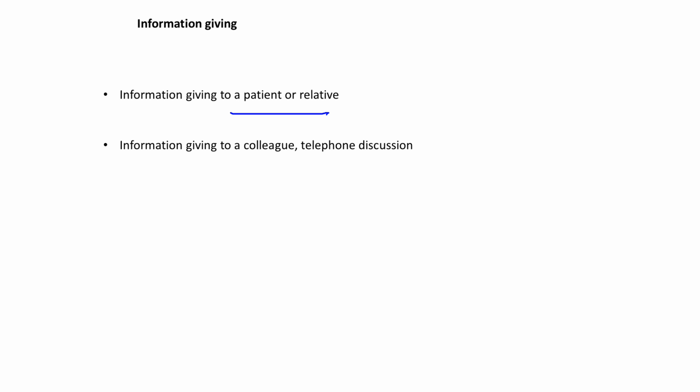And the second station is an information giving station to a colleague, and it's usually a telephone discussion, and you discuss a patient with your senior colleague like a consultant or another senior colleague in the hospital or another hospital.